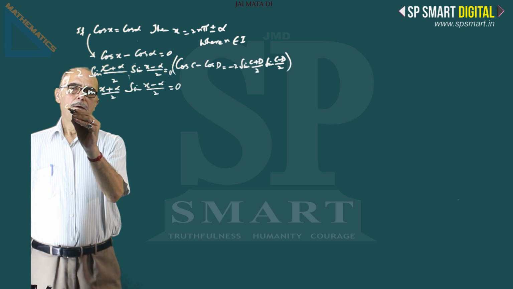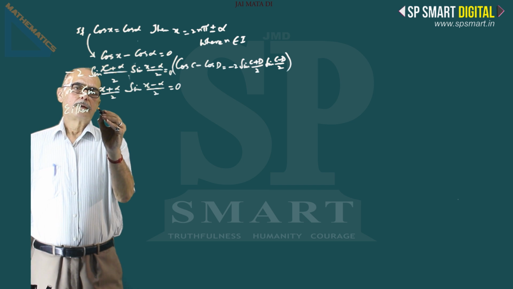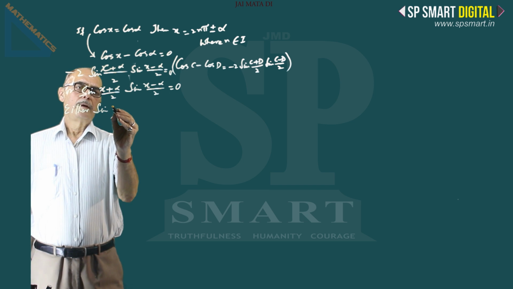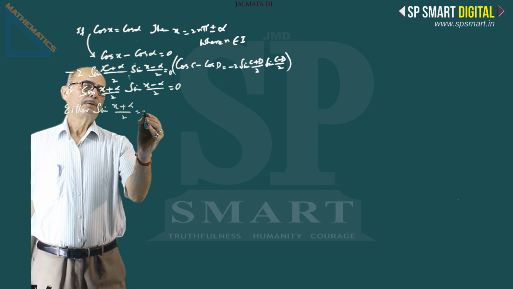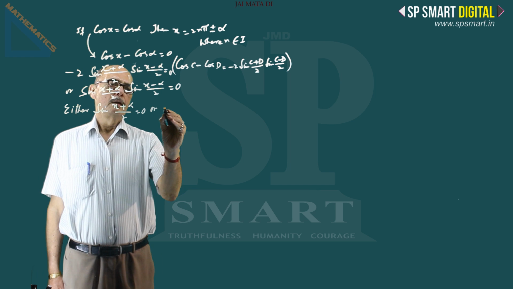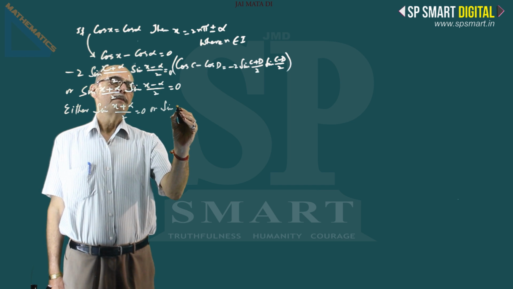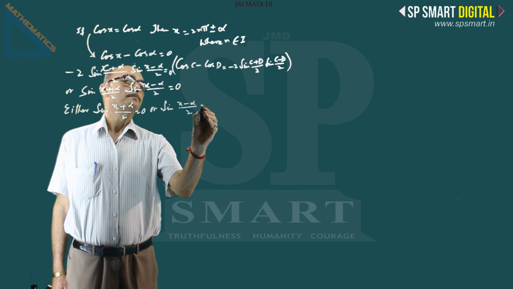Either sin of (x plus alpha) by 2 equal to 0, or sin of (x minus alpha) by 2 equal to 0.